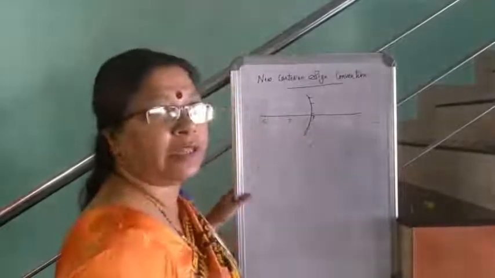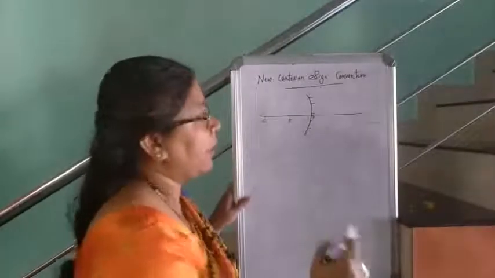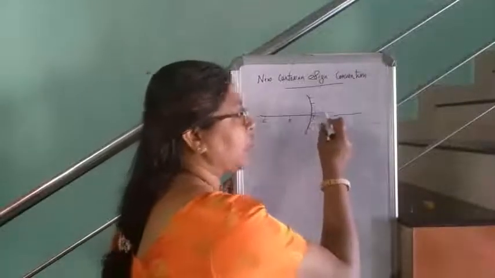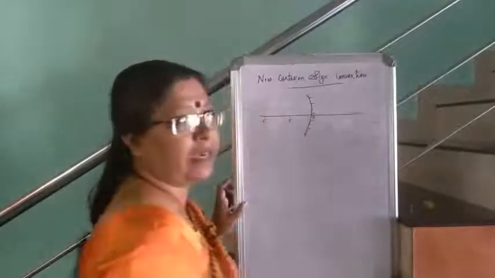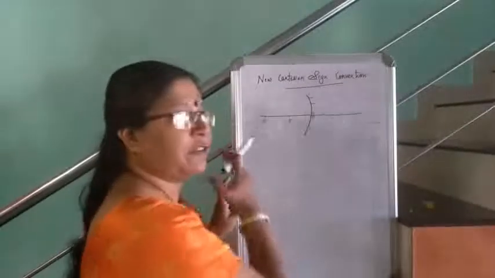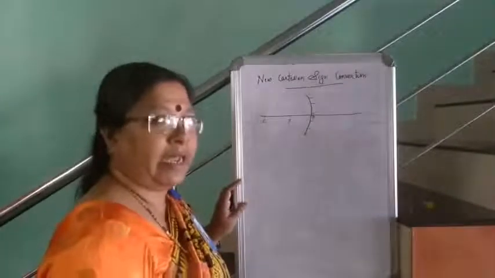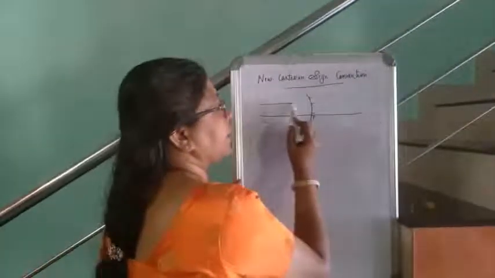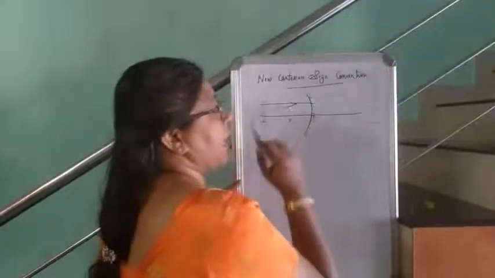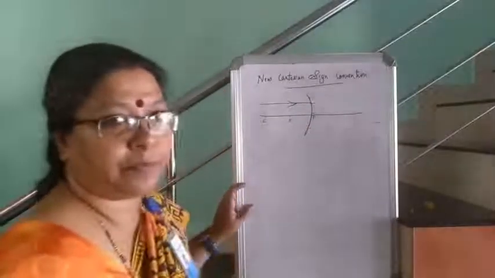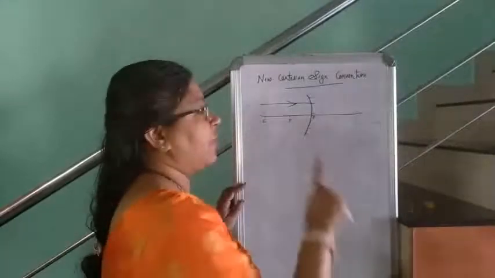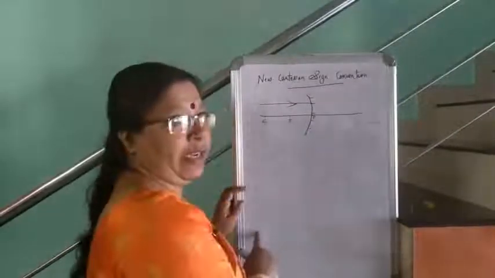Measurements to the right of the pole are taken as positive, and to the left of the pole as negative. The ray of light is always considered to be falling from left to right.